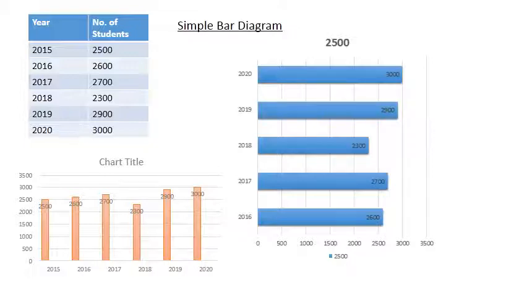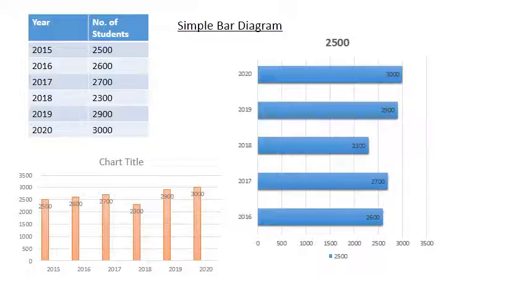When the bar shows only one variable, it is known as a simple bar diagram. There are two types of simple bar diagram: vertical bar diagram, when the bars are vertical, and horizontal bar diagram, when the bars are horizontal.